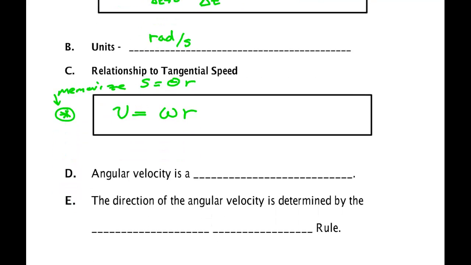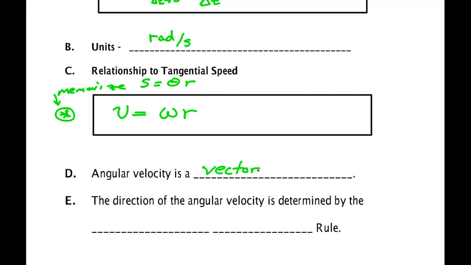Angular velocity is a vector, so therefore it really should have some sort of direction. Well, you can spin a wheel one way, you can spin the wheel the other. Clockwise and counterclockwise might make sense. It's hard to show you on paper, but the reason that doesn't work is that if you swing your arm and you look at it from one direction, get two friends, one stand on one side of it and the other stand on the other, and spin your arm.